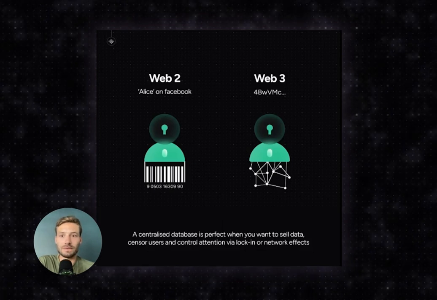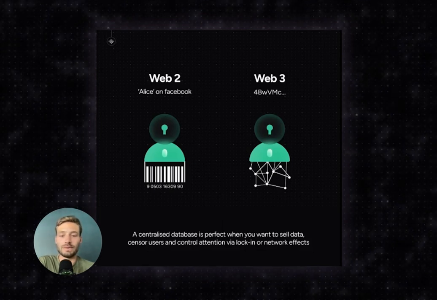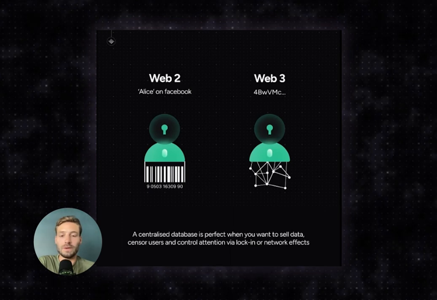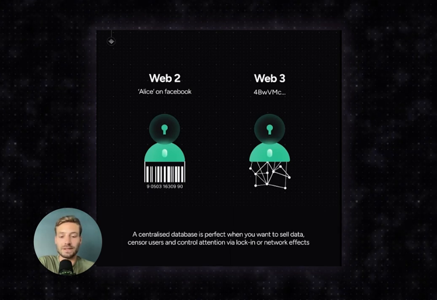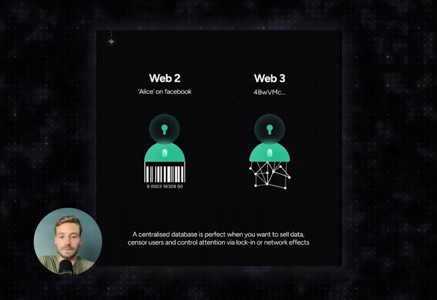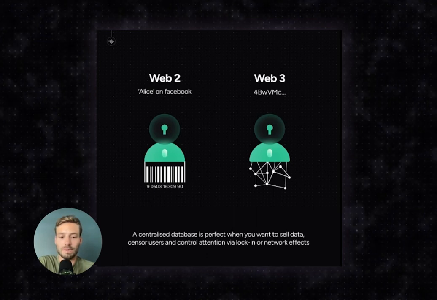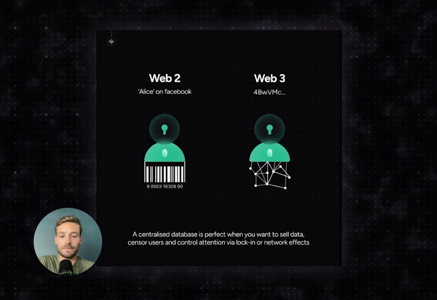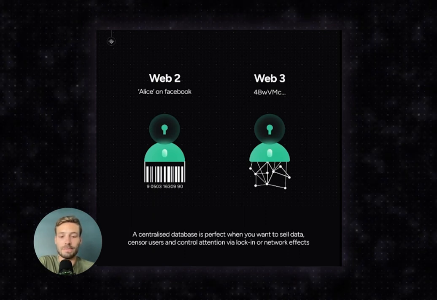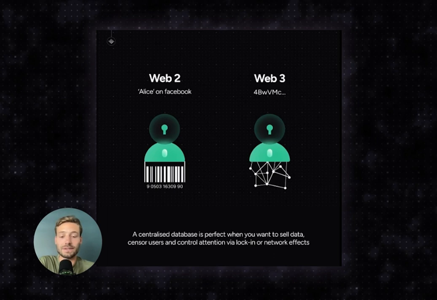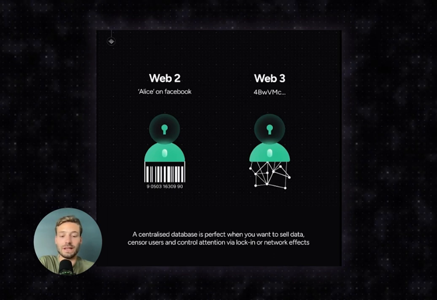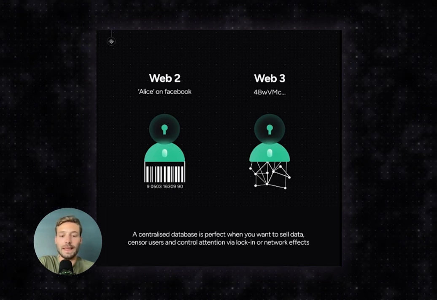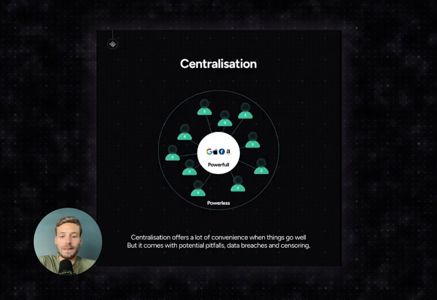In Web 2, Alice was on Facebook, known under her governmental or federated name. She was productized and sold to advertisers as an audience that they could target. In Web 3, she's only known as a public address, and she decides what she shares about her data. A centralized database is perfect when you want to sell data, censor users, and control attention via lock-in or network effects, but it does come with some pitfalls.